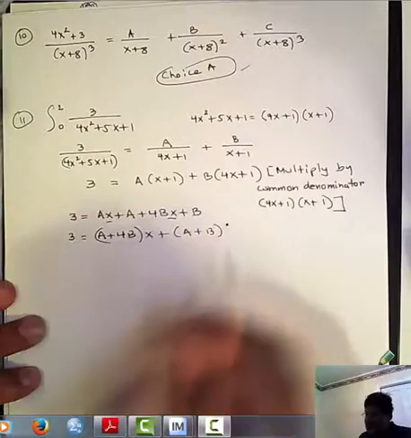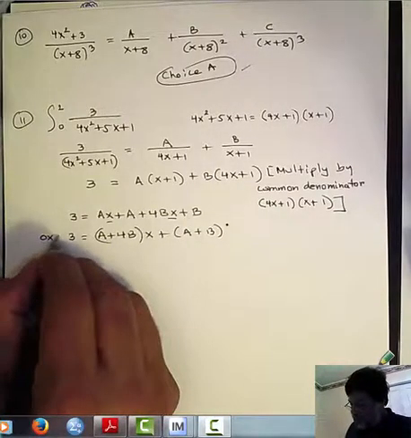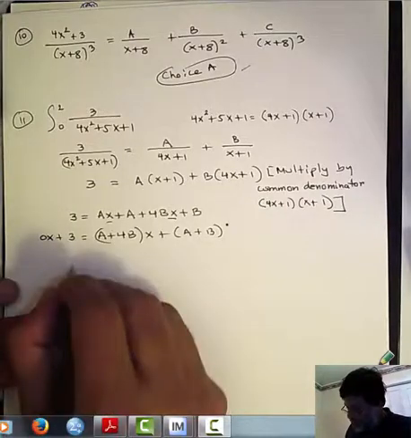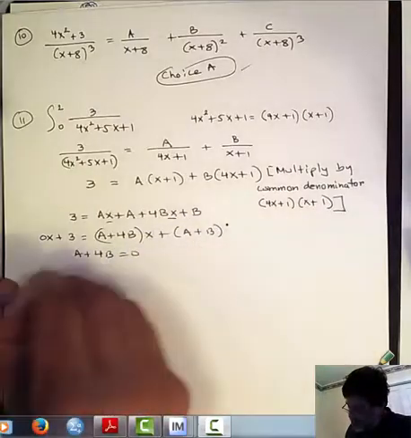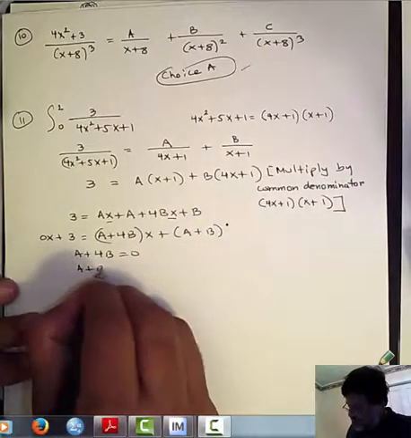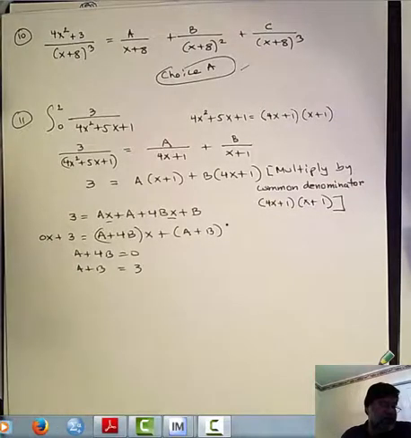Okay. Since there's no x terms here, think of the x term being 0. So a plus 4b has to be 0. The other one, a plus b, has to be 3. Okay. So we can use those two to find the solution here.